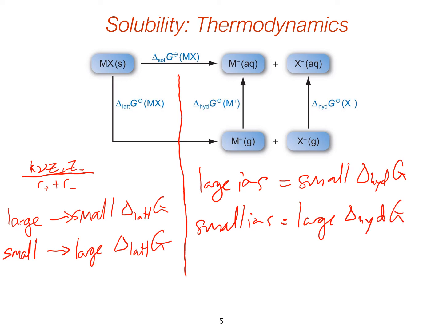So therefore we can see already that the size is making a big difference to each of these three terms that really affect whether it's soluble or not. So on the next slide I'll go through each of the cases: large-large, large-small, small-large and small-small, and see which of the terms is really driving the process of solubility.